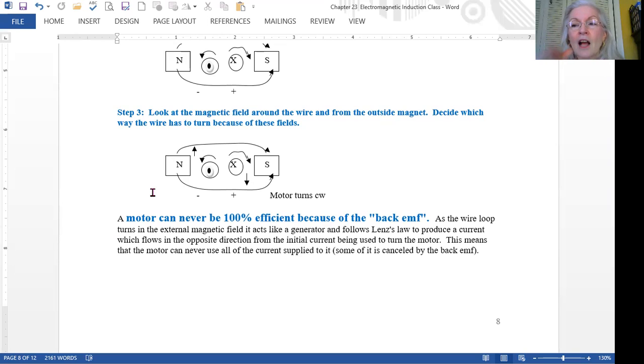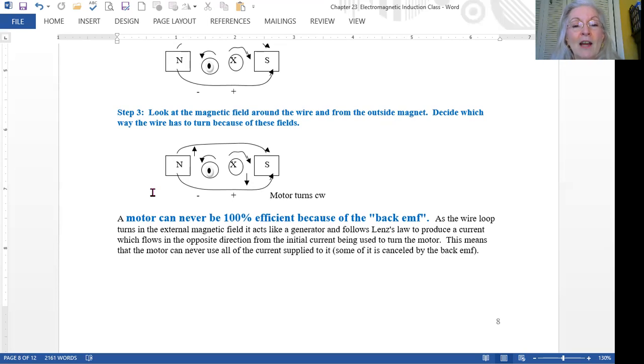But if the drill stops turning, then the coil of wire stops turning, and there won't be any back EMF, and there'll be too much current passing through the loops of wire in the motor. And the end result will be, if you keep trying, you're going to burn the insulation around the wires, because the wires get hot when they have the maximum amount of current going through them.